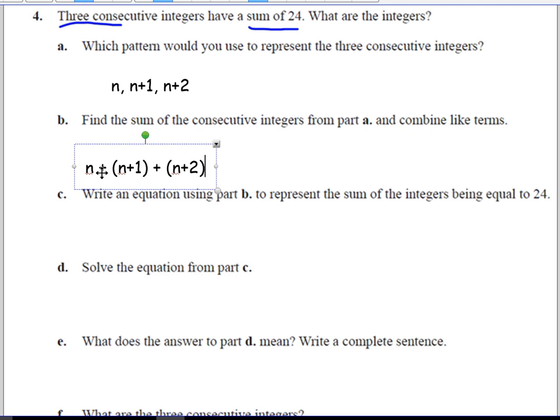And it told us to simplify by combining like terms. So again, we can ignore the parentheses. That's just to help us see that we have 3 numbers, 1, 2, and 3. But we have, remember, an invisible one here, here, and here. So when we add that, we actually have 3 n's all together. And then if we combine our plus 1 and plus 2, we have plus 3.